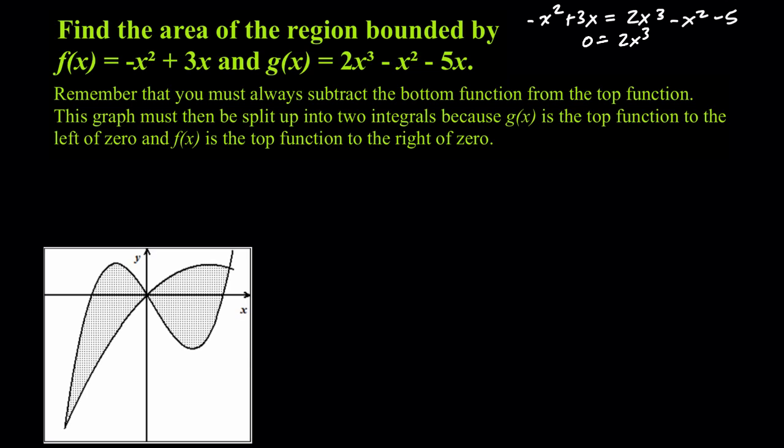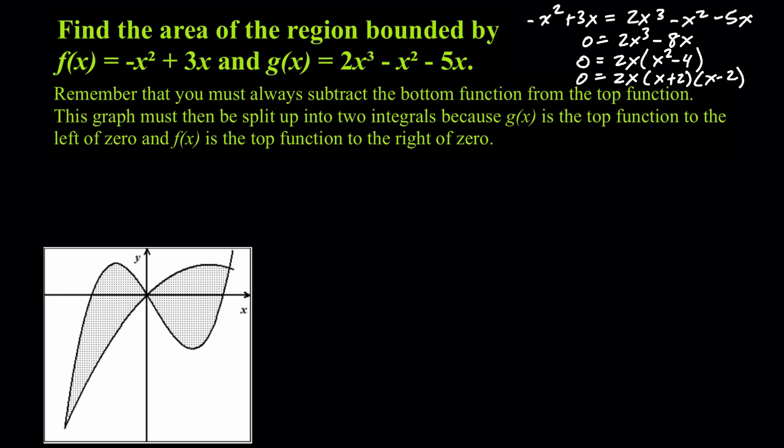The x squareds will cancel. And subtracting 3x will be a minus 8x. Factor out a 2x. Leaves you with x squared minus 4. So x squared minus 4 factors to x plus 2 times x minus 2.